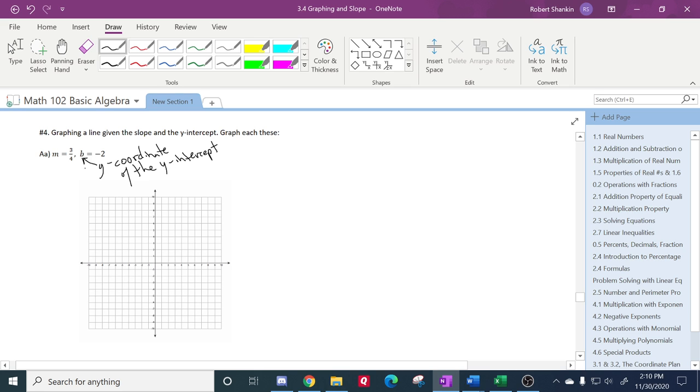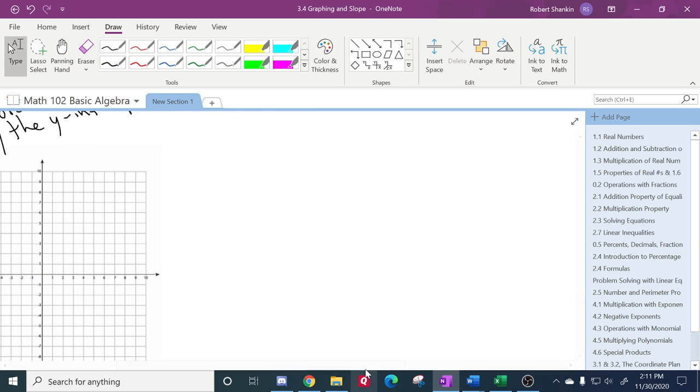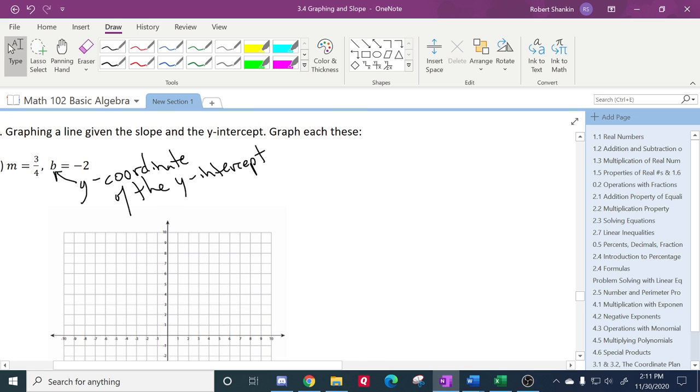So, graph the y-intercept first, and then we're going to use the slope to come up with another point. So let me show you what this means. The y-intercept is -2. So I'm going to go right here, make a dot at -2.